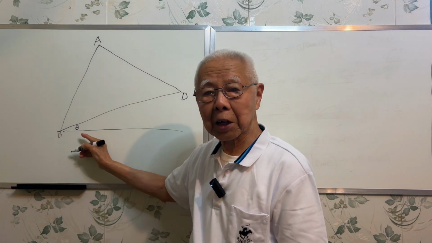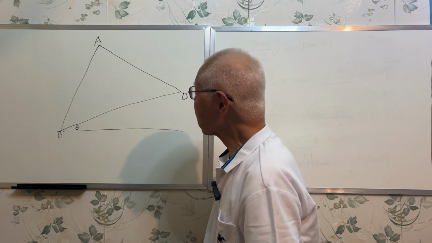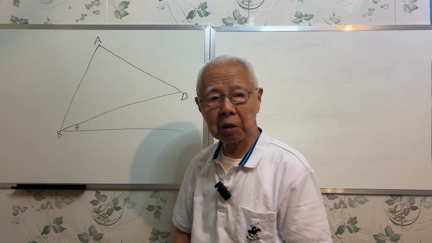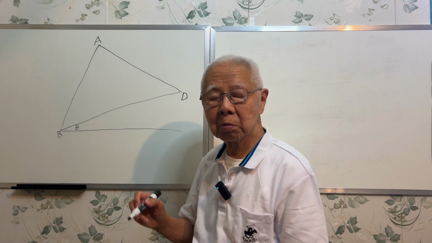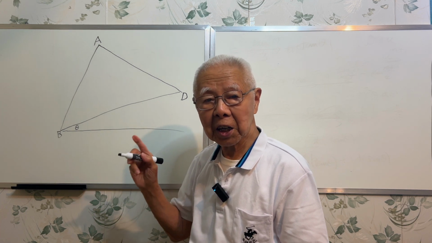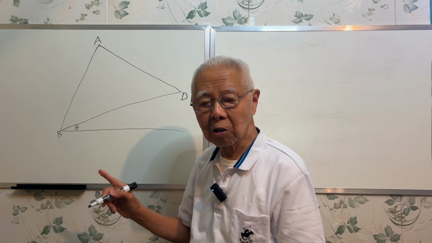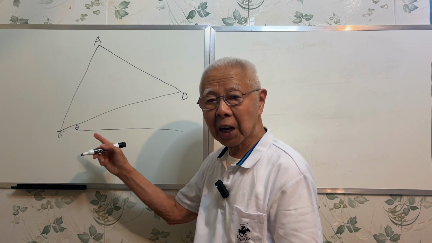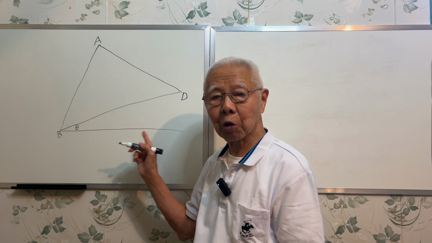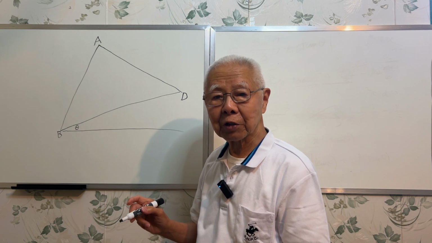And call this angle theta. I draw another line from vertex A vertically down so that I intersect the horizontal line at an angle of 90 degrees.